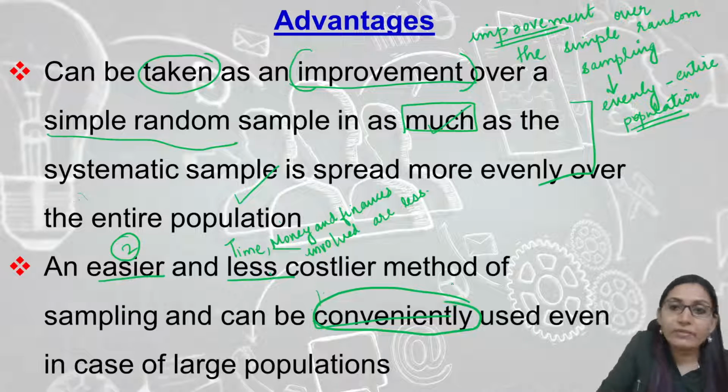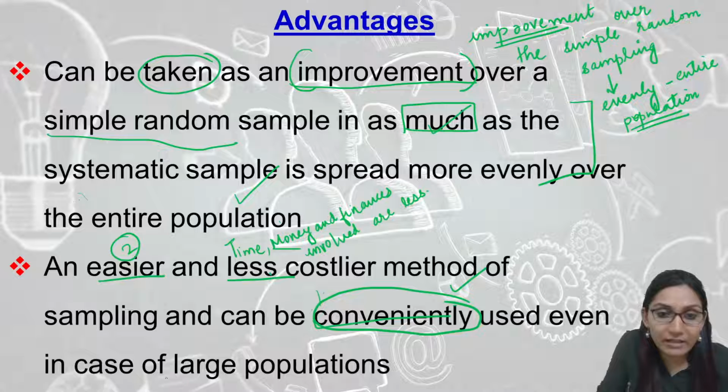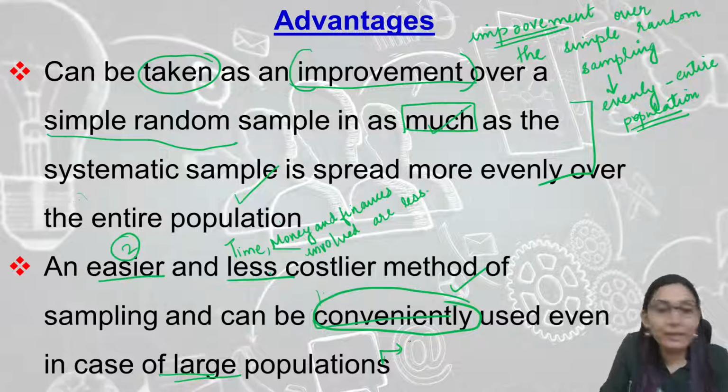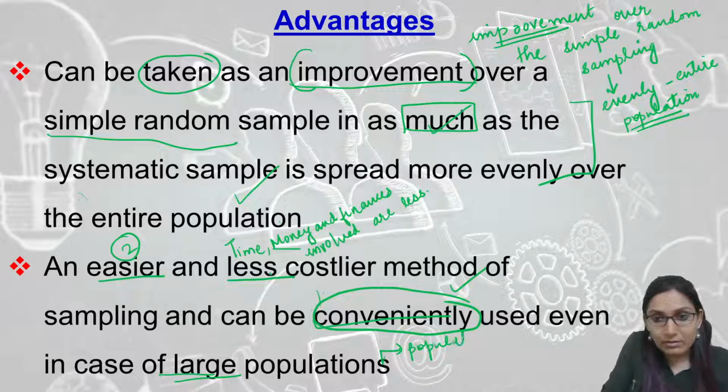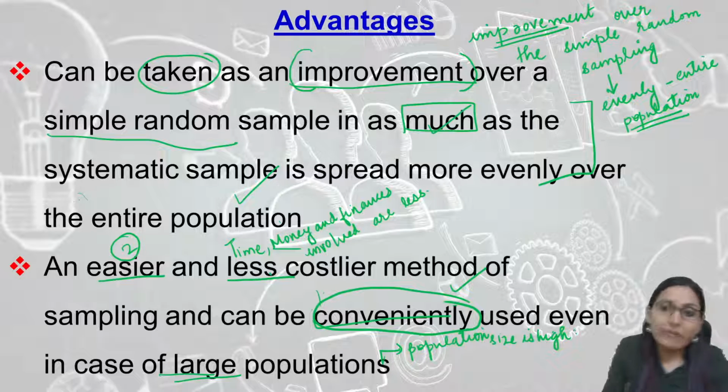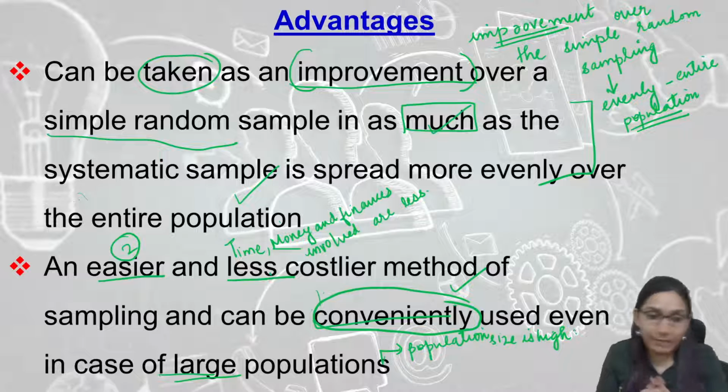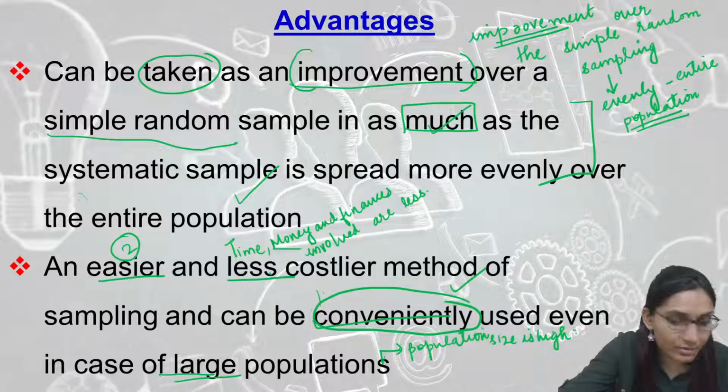Large population means that even when the population size is high, it can be conveniently used.